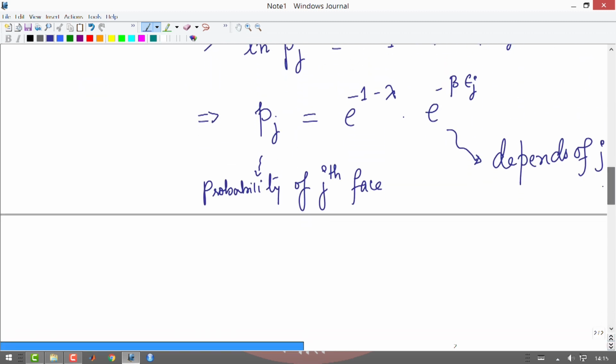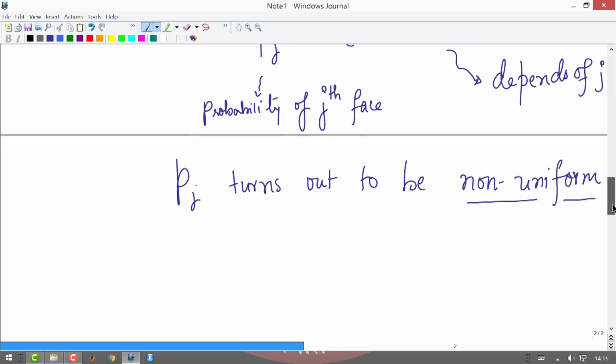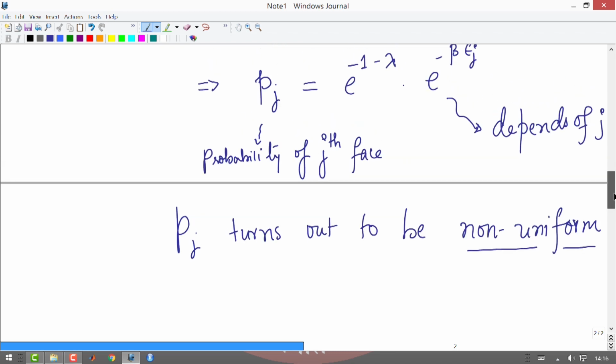So, this is called a non-uniform PDF. So, hence we will say that Pj turns out to be non-uniform. So, with the extra constraint that we had taken, our PDF has now become non-uniform, and this is actually a Boltzmann PDF, Maxwell-Boltzmann PDF, we shall see.